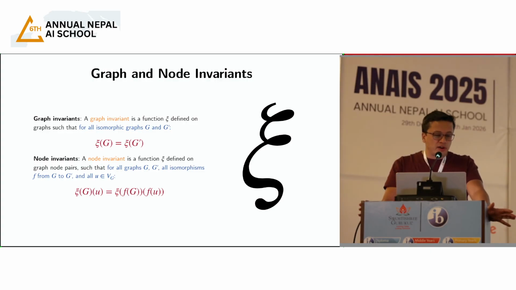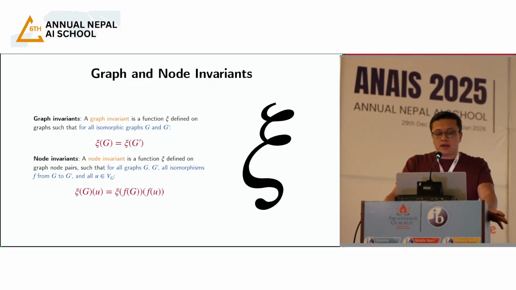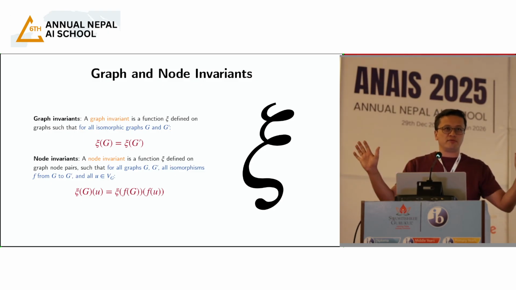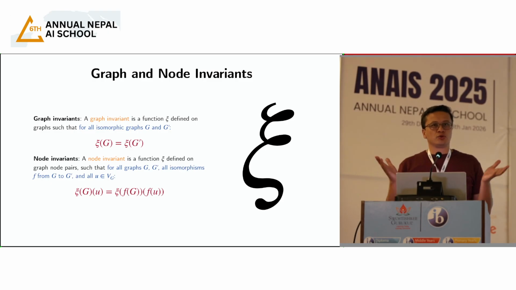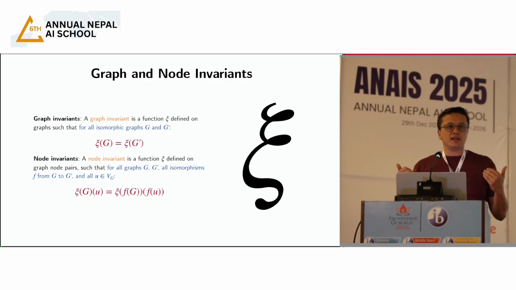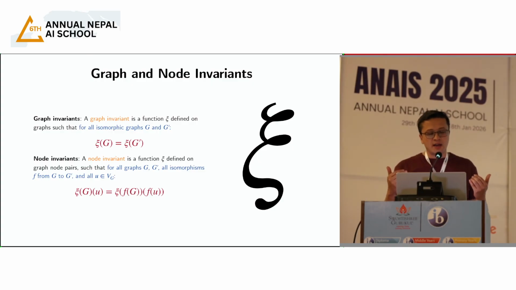We care about graph invariance and node invariance. Implicitly, what we care about is, let's say we have a graph G, and for all isomorphic graphs G and G prime, if we have a function, say xi, and we apply this on G and G prime, we want the output to be the same. This was the permutation invariance that we discussed on graph level. Now, equivariance is on node level, so we can define this as a node invariant as well. In a certain formal sense, all that we care about is to compute a node invariant.